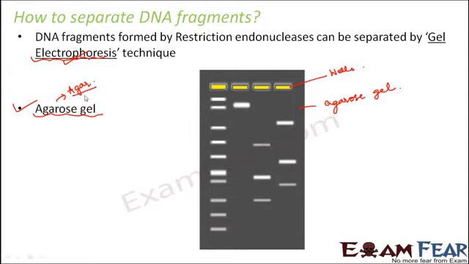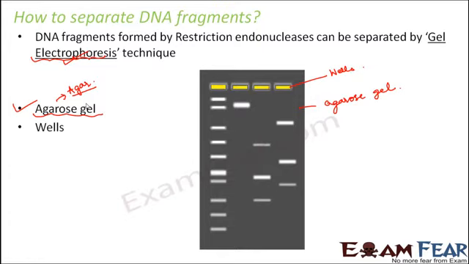Now why do we use this agarose gel? Because it is very easy to store, very easy to recover, and also very easy to cast. Because of all these features of the agarose gel, it is used here for the process of electrophoresis.